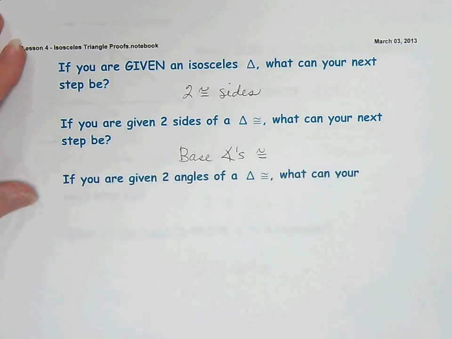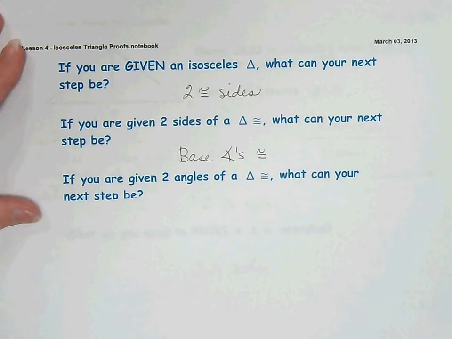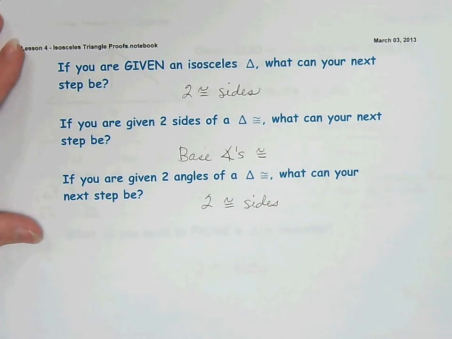If you are given that two angles of a triangle are congruent, then you know, because of the converse of the base angle theorem, that you have two congruent sides. Okay? So these are all things you can use in your proof.